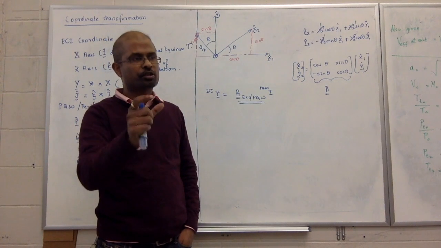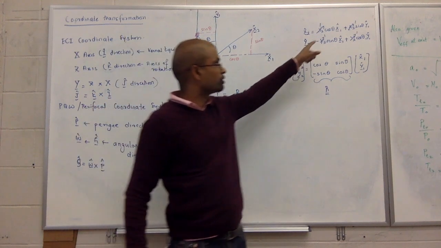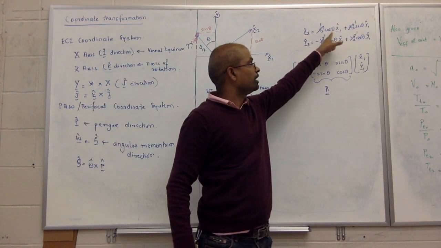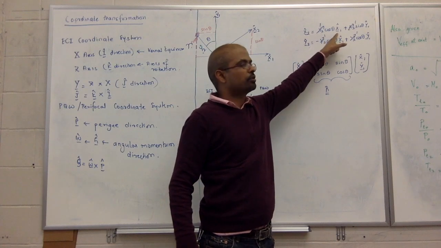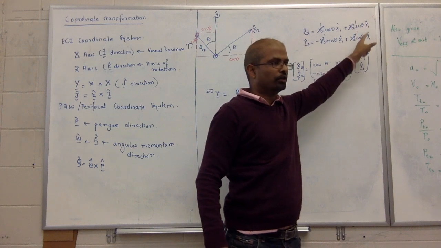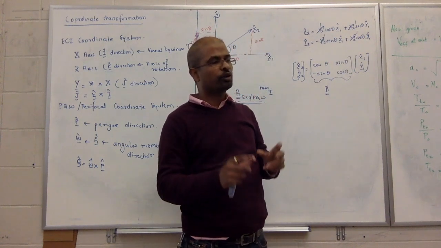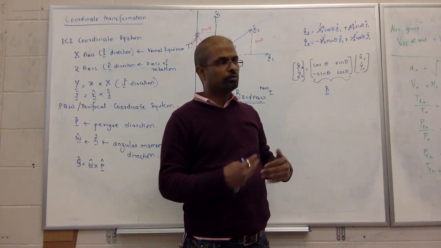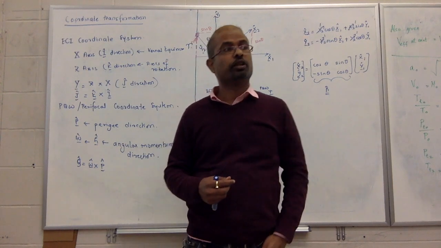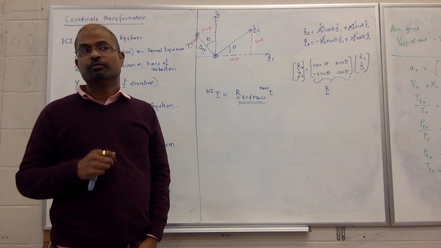It gives dimensions to that. So here it is cosine theta units of x1 and sine theta units of y1. If you make them unit vectors, you see?